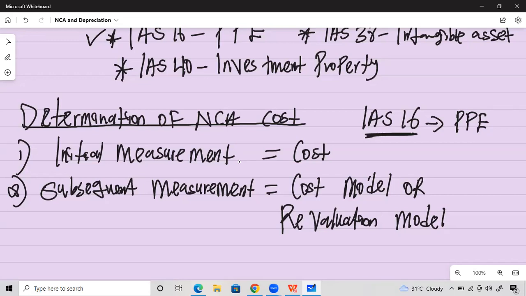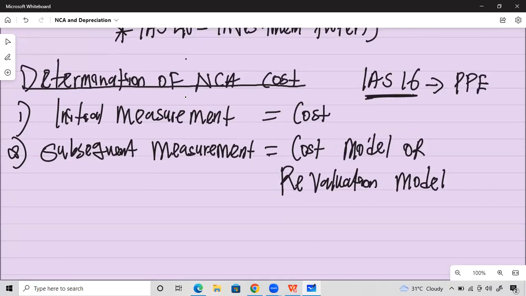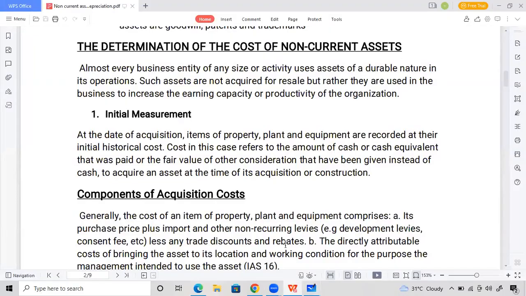Now, what do we refer to as cost for the initial measurement? What is a cost? Because we say initial, meaning when you first buy this particular asset, at the date of acquisition, items of property, plant, and equipment are recorded at their historical cost.